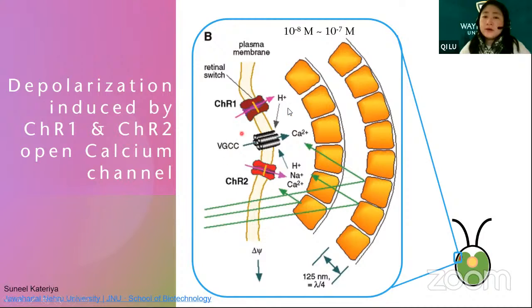This influx of protons, sodium or calcium causes the membrane potential to depolarize. This depolarized membrane potential will open voltage-gated calcium channels. And the calcium influx will change the behavior of the cilium.